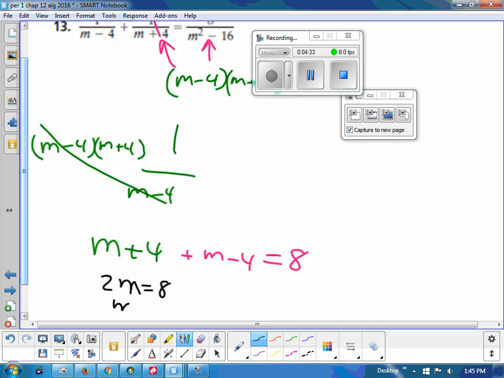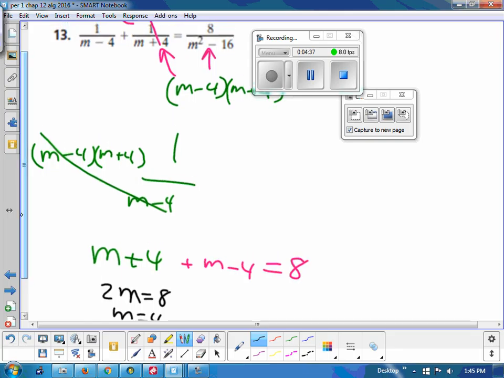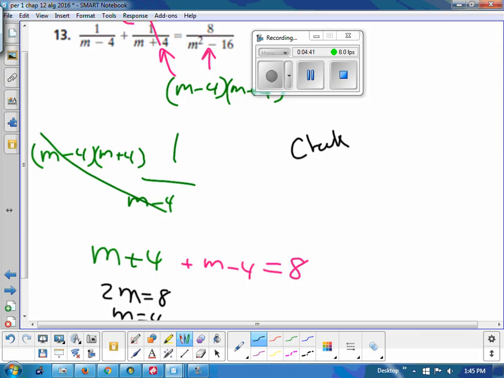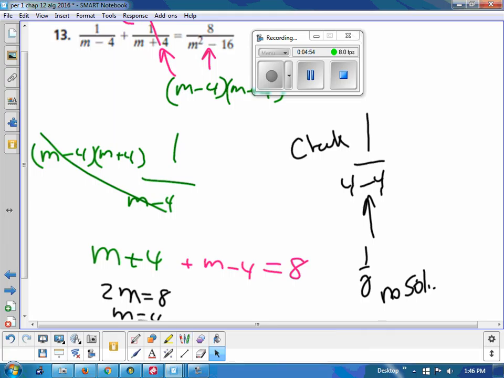So m equals 4, which is great. However, it's not going to check. We go to our check, we're left with 1 over 4 minus 4, and right there, you get 1 over 0, and that's no solution. Doesn't matter what else happens, that's no solution, so it doesn't check.